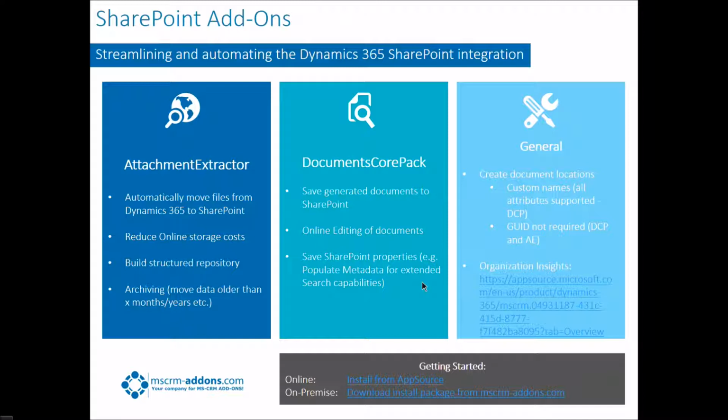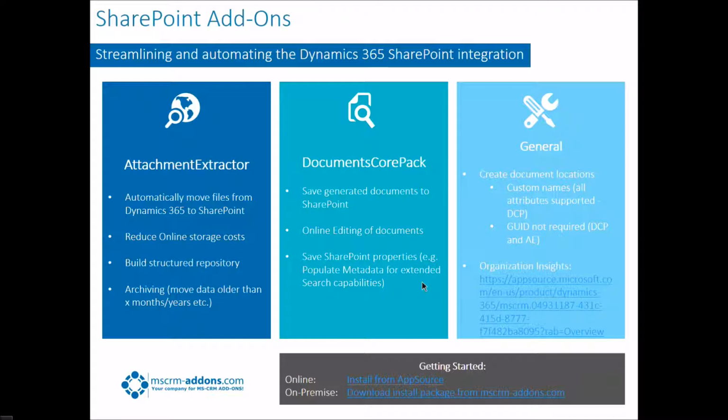You're able to use custom names with, for example, DocumentsCorePack. All attributes are supported for that. And you're also able to do it without a GUID. A lot of you SharePoint people have noticed that instead of getting the account name, you get the account name underscore and the GUID. So we're able to cut that and leave the GUID completely off.